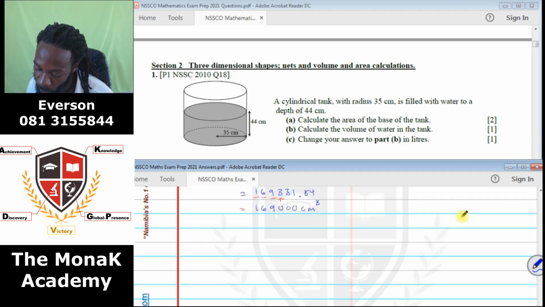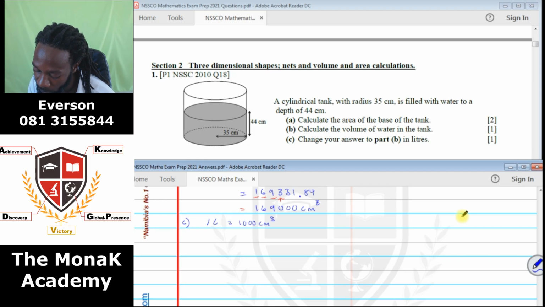Then we go on to part C. Part C says change your answer to part B in liters. So in liters, that's quite easy. We know that 1 liter equals 1,000 cubic centimeters.